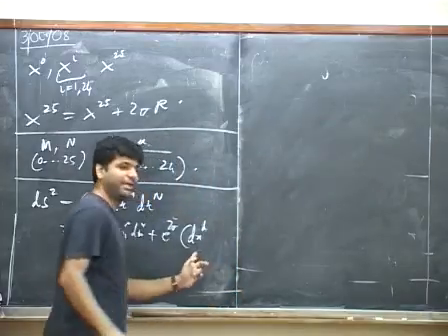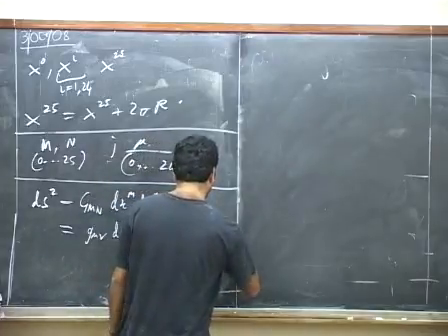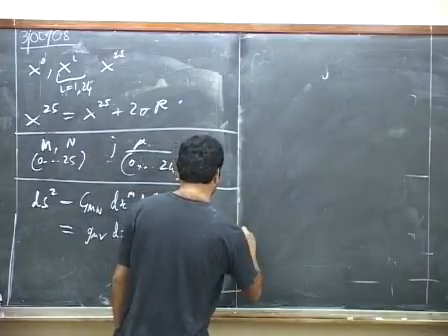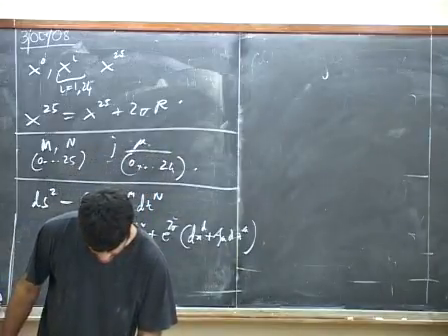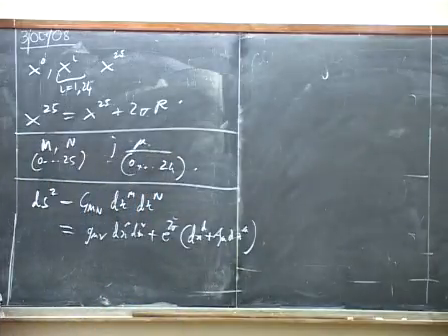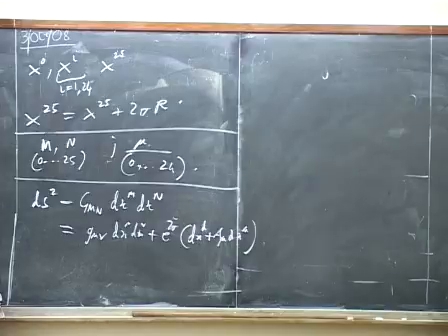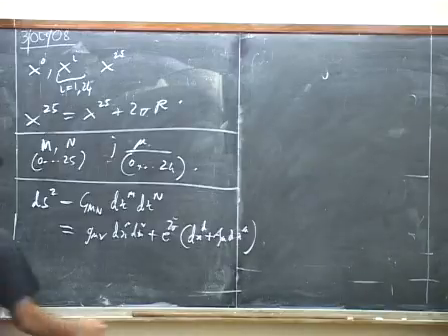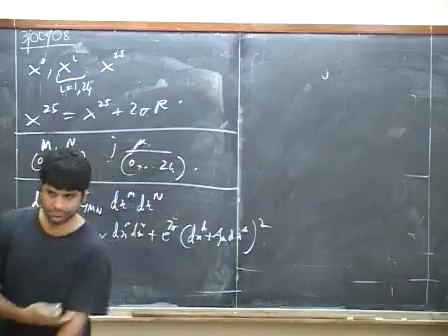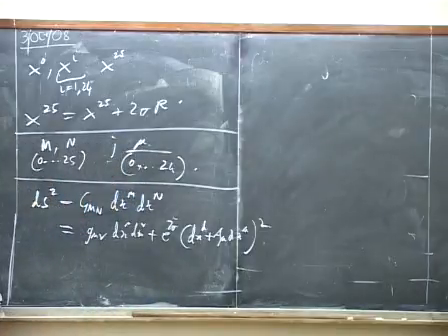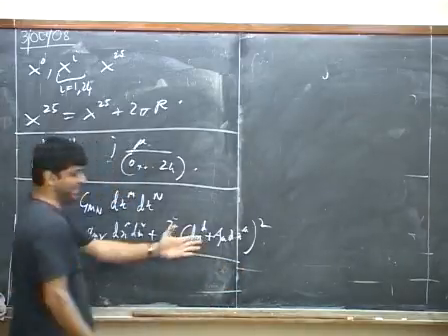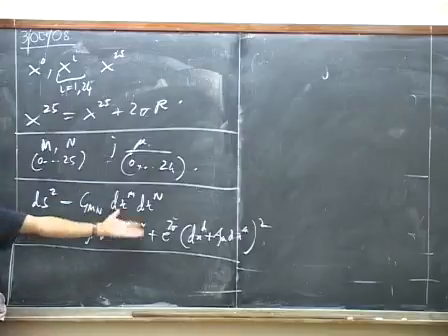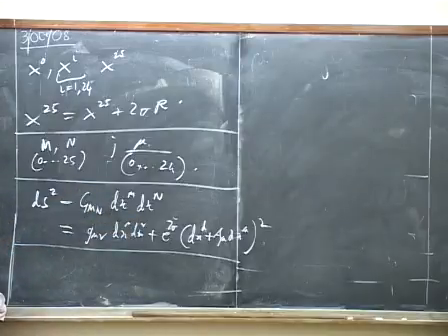Instead of writing 25, I write D to be consistent with Polchinski. I've not done anything here. I've just taken an arbitrary metric and written it in terms of new variables.